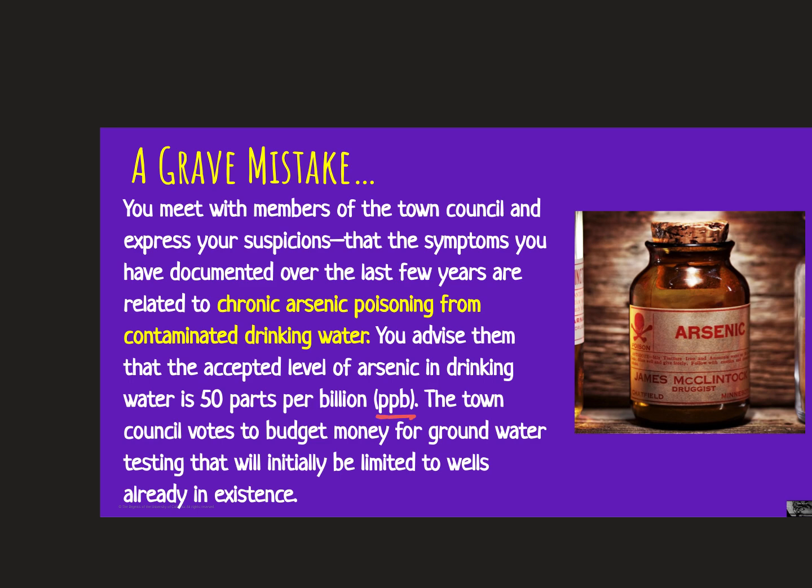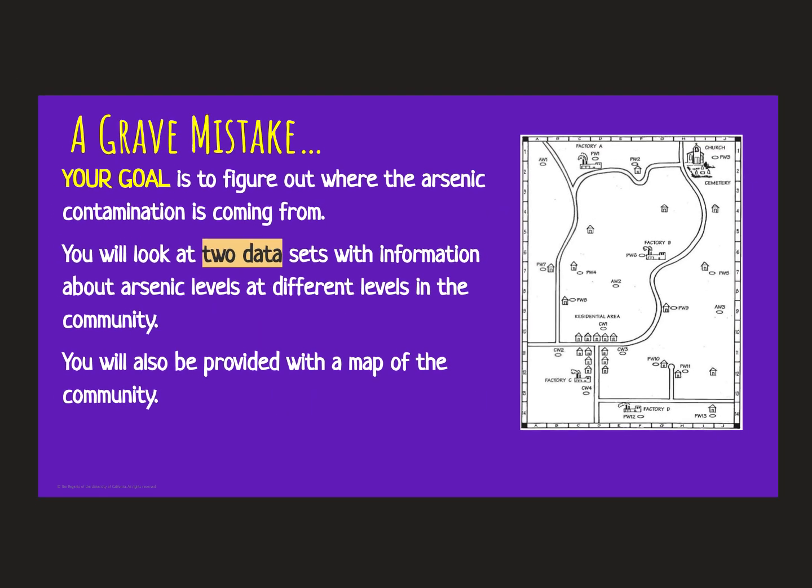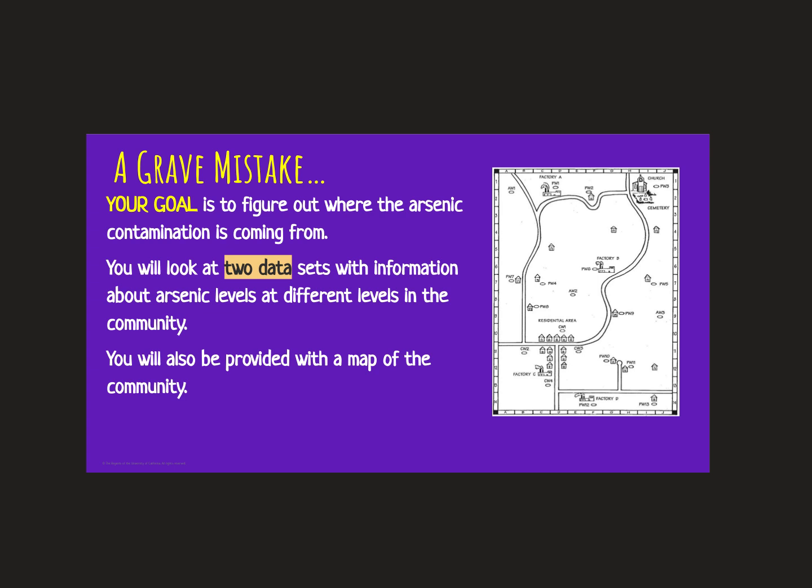The town council votes to budget money for groundwater testing that will initially be limited to wells already in existence. Here's your goal: figure out where the arsenic contamination is coming from. Remember, arsenic is a very harmful element. You will look at 2 data sets with information about arsenic levels at different levels in the community. You will also be provided with a map of the community.